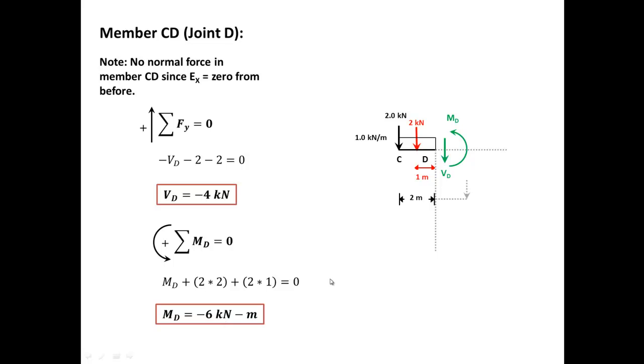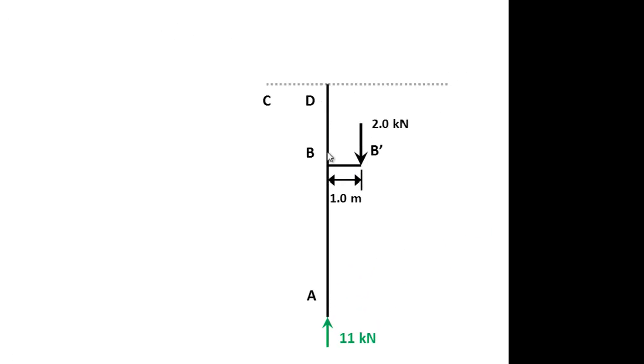Now we're done with this member. Let's do member BD. This is member BD, that's the one. I'm looking at joint D, this joint. So I'm cutting just below joint D or node D. What do I have? I have a normal force now, and I have a moment, but I don't have a horizontal force. Why is that?